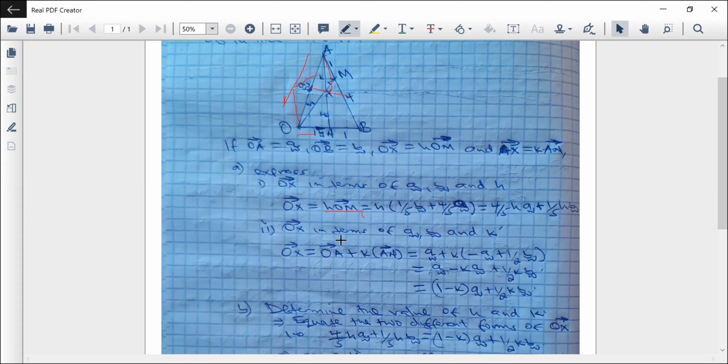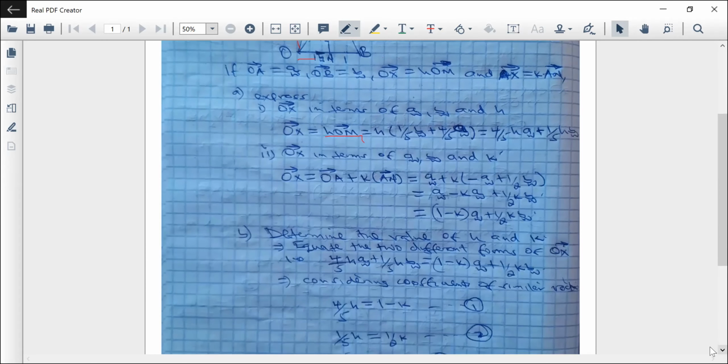So I repeat, vector OX will be equivalent to vector OA plus K vector AN. Vector OA is positive A, plus K vector AN is minus vector A plus a half vector B. When you simplify, you collect like terms so that you have 1 minus K, all that vector A, plus a half K vector B.